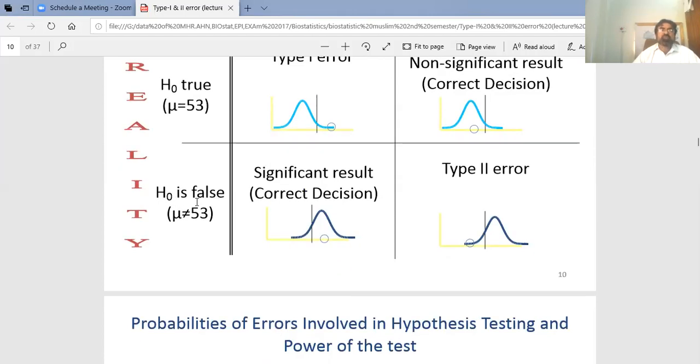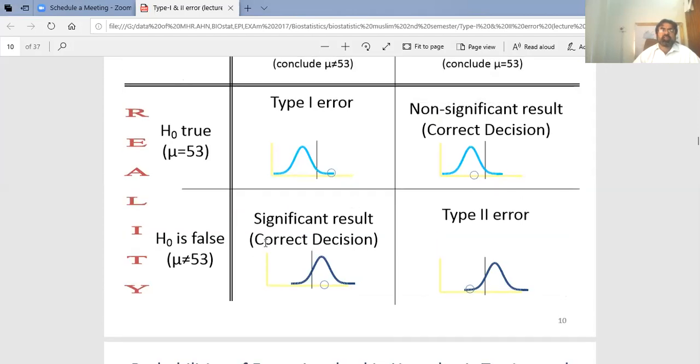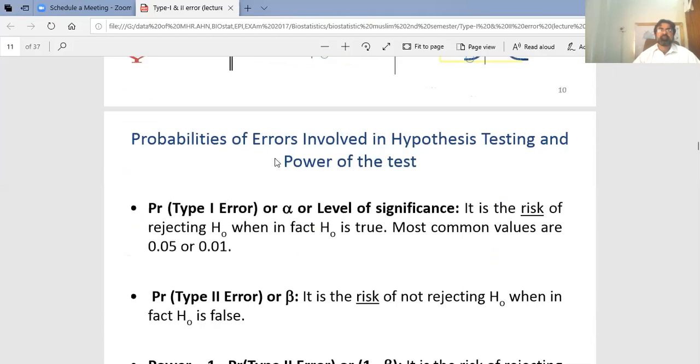When the null hypothesis was false, meaning the actual mean was not equal to 53, and a significant result was there, then you took a correct decision if you rejected this null hypothesis. But if the null hypothesis was wrong and you do not reject it, then you committed a type 2 error, which is called a beta error.